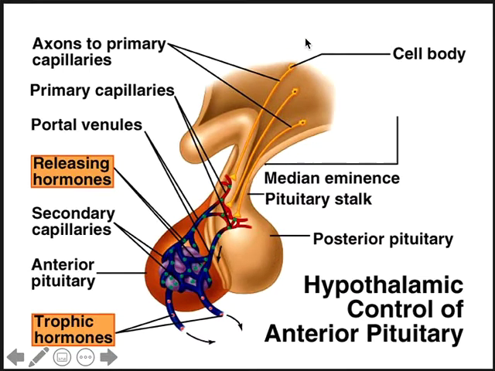And now we also get to see the anterior pituitary, and it produces its 6 hormones that we talked about, and it sits there and waits until it receives a hormone from the hypothalamus that tells it to release it. And those 6 hormones that we talked about are all called trophic hormones, and they're controlled by the releasing hormones of the hypothalamus.